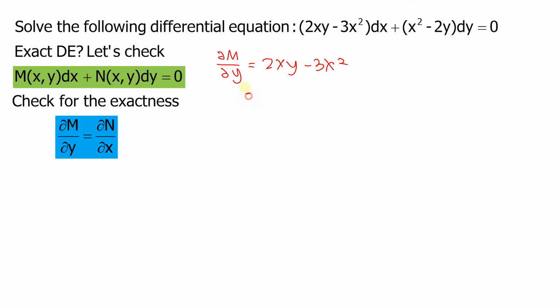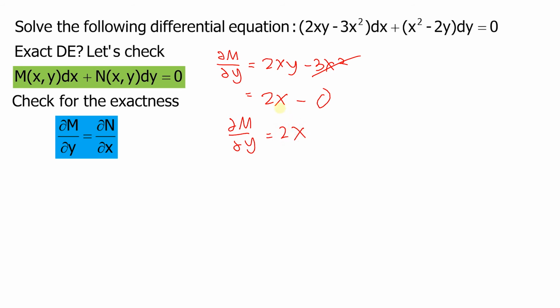With respect to y, y is your variable and x is your constant. So, this is 2x minus, constant, so this is 0. Kay constant man ang imong x. So, the partial derivative of M with respect to y is equal to 2x.